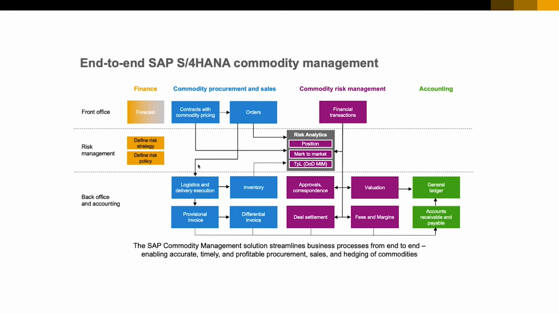No matter what stage of the contract you are in, for example, you have created a purchase contract, created the order, it's due for delivery, or some of the contracts may be provisionally invoiced, or finally invoiced, everything is integrated into risk analytics, even your stock or inventory management.